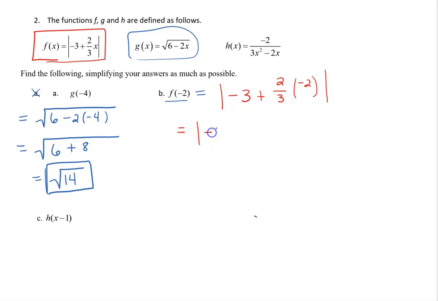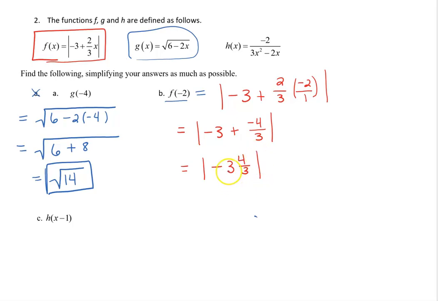So we have the absolute value of -3, and then when you're multiplying fractions, we can think of -2 as -2 over 1, and you're going to do top times top and bottom times bottom. So plus 2 times -2 is -4, and 3 times 1 is 3. So now, if you add these, since they're both negative, it would be -3 and 4/3.